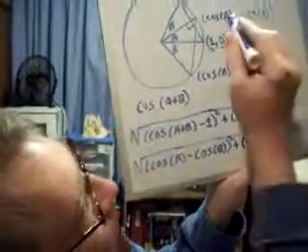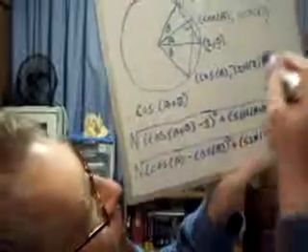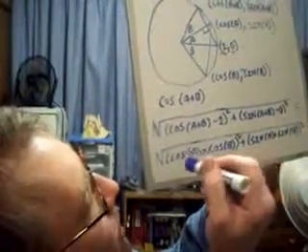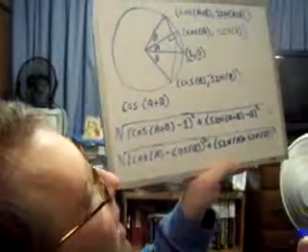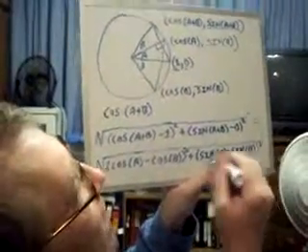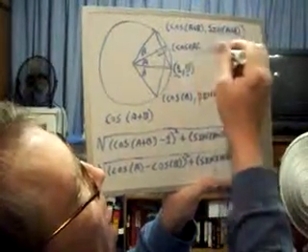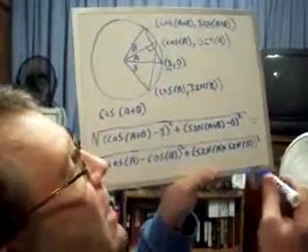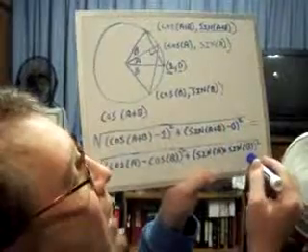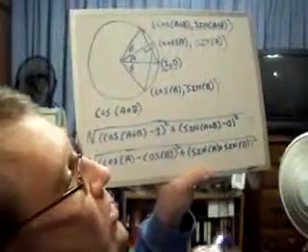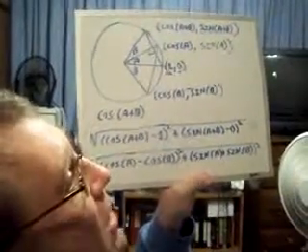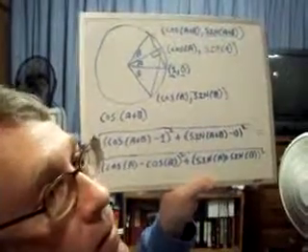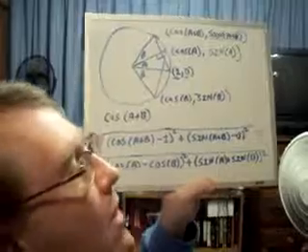Alright, so the cosine of A right here, the cosine of B right here. So we're subtracting the cosine of B from the cosine of A. And then over here, there's your sine of A. The negative sine of B is transferred down here, but like I said, when you subtract a negative number, you add a positive number, so it's the sine of A plus the sine of B. And that's how we get that.